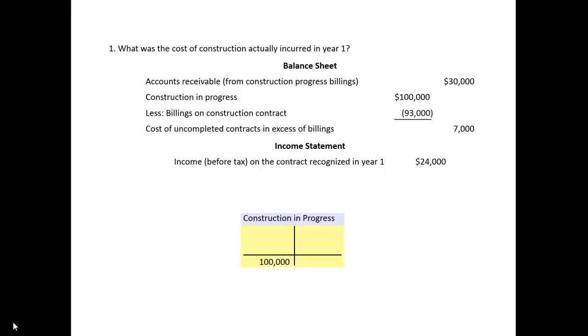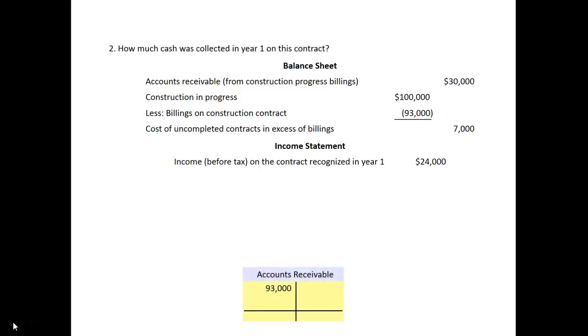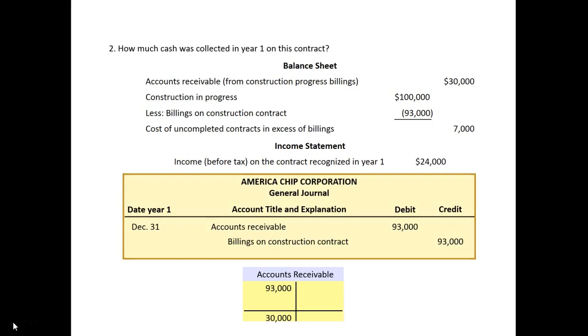We know the construction in progress ended on the balance sheet with 100,000. We showed a profit of 24, which gets included in our CIP. And so as a result, if we ended with 100 and showed a profit of 24, we know our cost had to be 76,000.